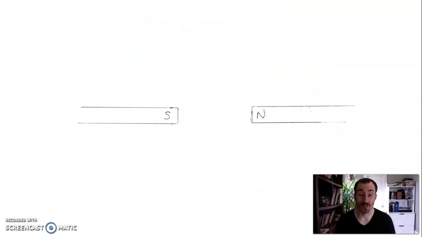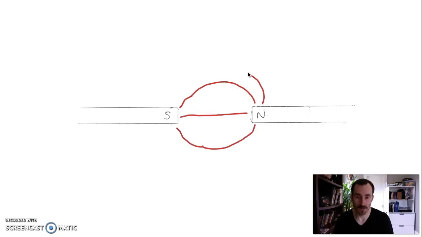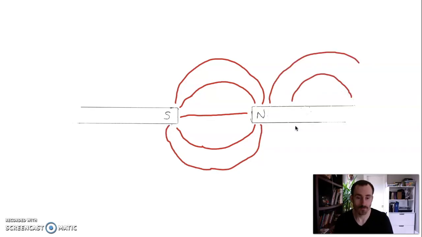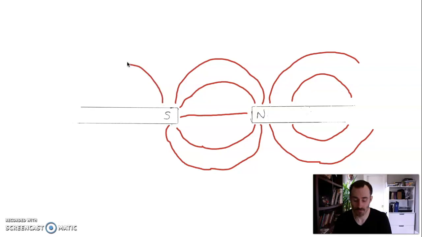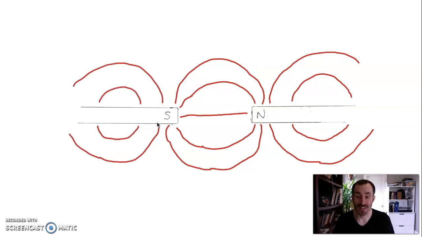Our second one is the North and South Pole that we put together. So we saw that the loops happen something like this. Okay, so we had the loops happening that we saw with the filings, and now let's put the directions on.